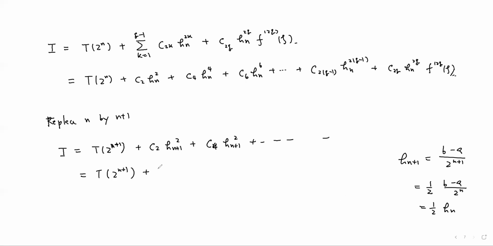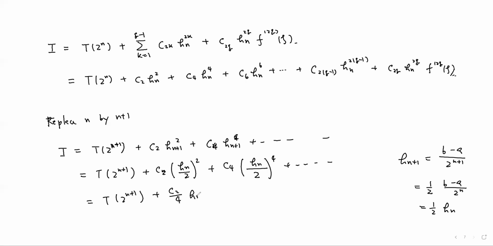So this is c_2 (h_n/2)^2, c_4 (h_n/2)^4, and so on. Move the number 2 outside: 1/4 c_2 h_n^2, and 2 to the 4th, c_4 h_n^4.